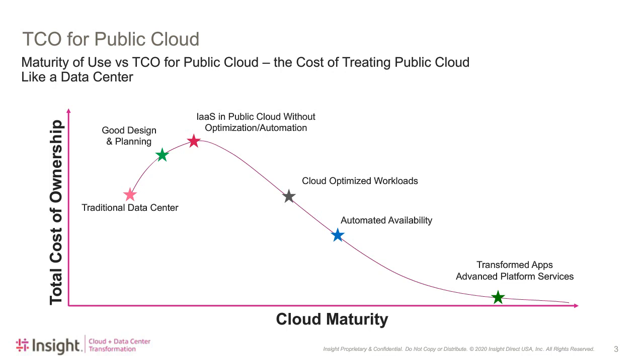And then what happens is, generally, when you lift and shift using infrastructure as a service, your actual cost for owning that infrastructure increases when you take it to the public cloud. And here's why. Public cloud is not a data center, and you shouldn't treat it as such.